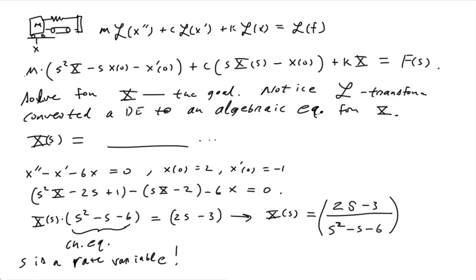Now let's move to the next page. I'm going to rewrite that. We had X of s is equal to 2s minus 3 all over s squared minus s minus 6, just as we did in the previous page.